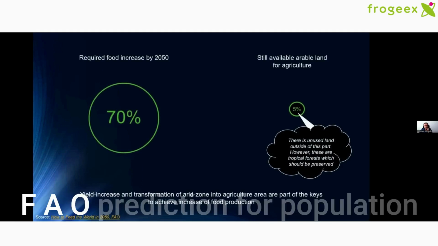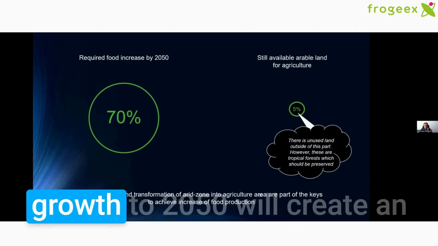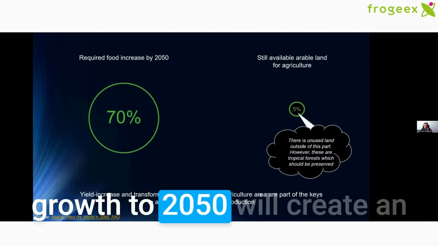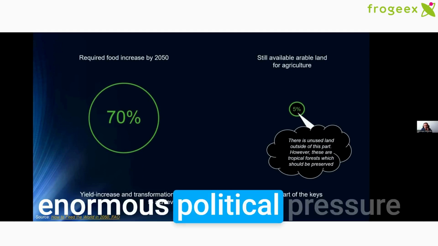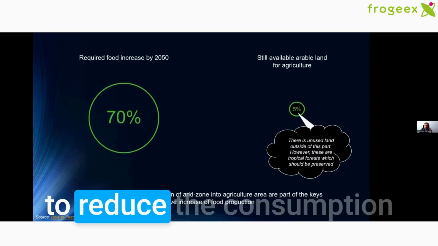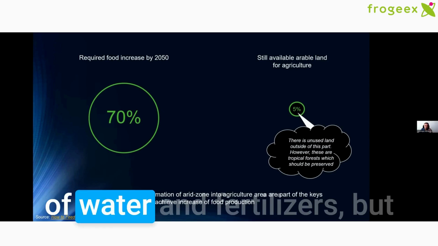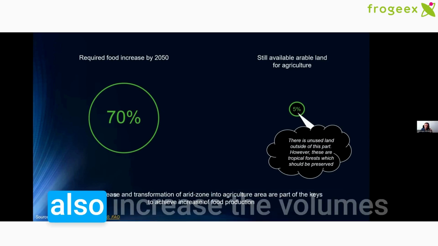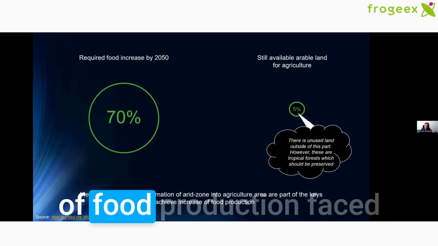FAO prediction for population growth to 2050 will create an enormous political pressure on farmers at the same time to reduce the consumption of water and fertilizers, but also increase the volumes of food production.